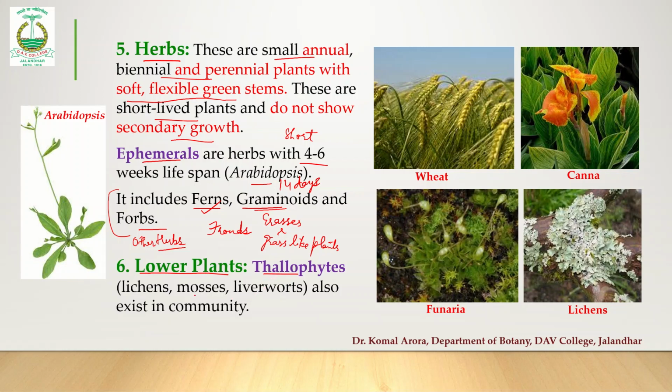They are thallophytes. Under these we have lichens. You have observed different types like crustose, fruticose, foliose lichens. Then there are mosses, the plants under bryophytes, and the most common example is Funaria.